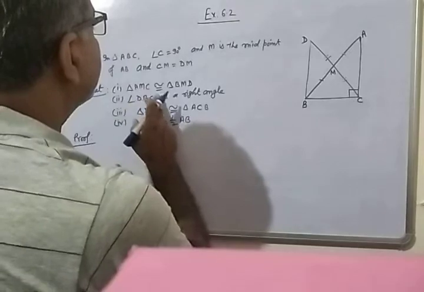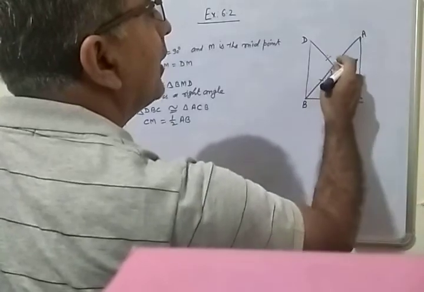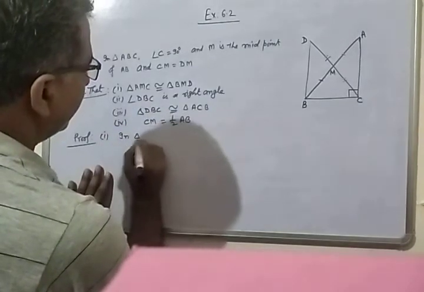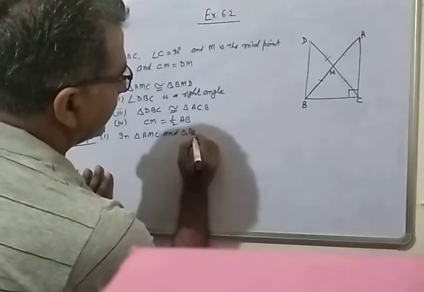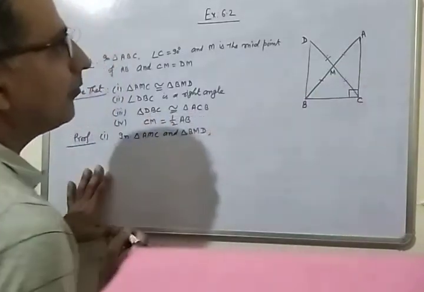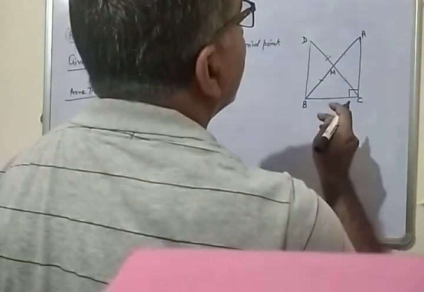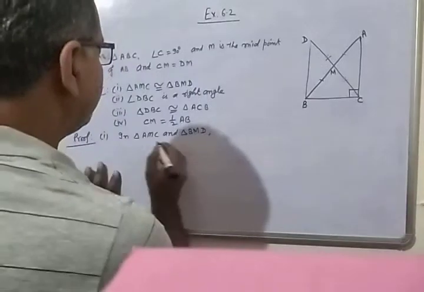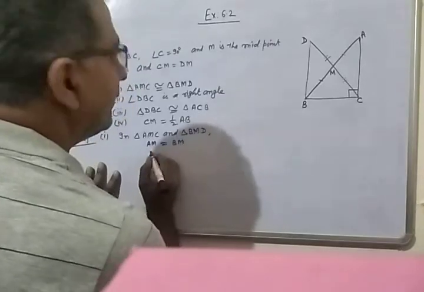First one is triangle AMC congruent to triangle BMD. In the first part, in triangle AMC and triangle BMD, AM equals BM, this one.